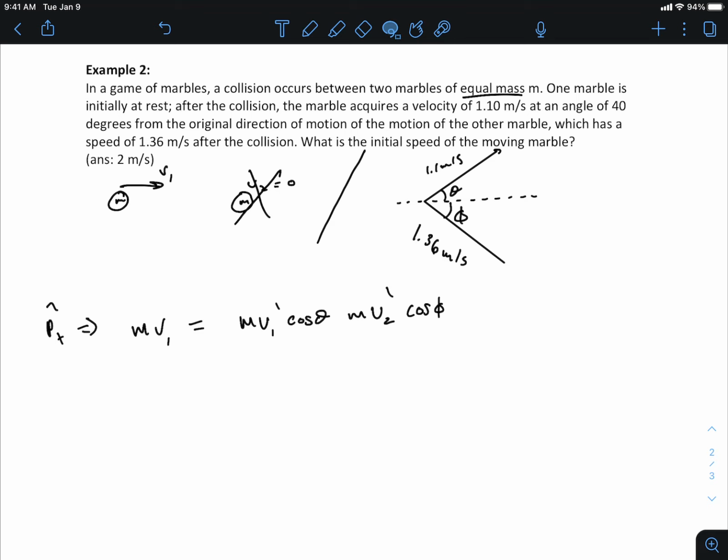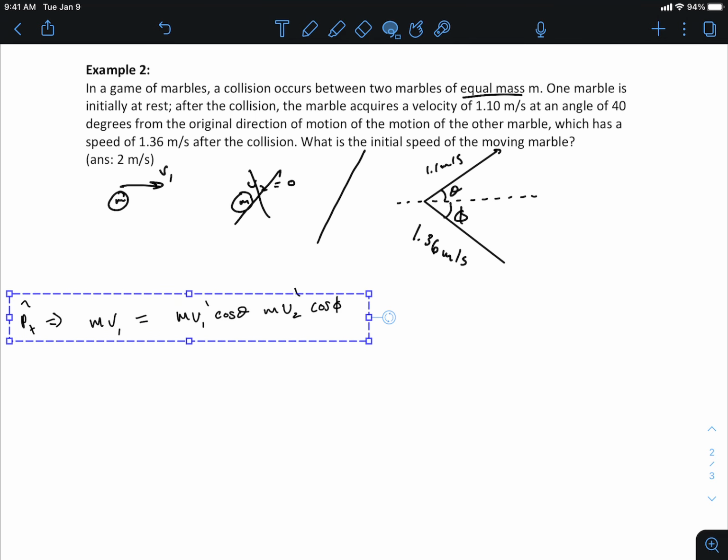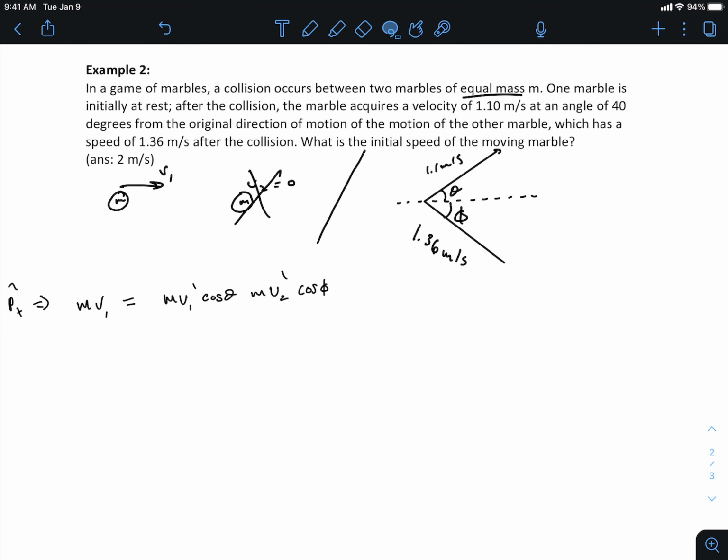And then, just let me move this over, we'll shrink it down, give ourselves some room. So there's all this information in the x. And I want to find, well, let's write a statement for the y as well. Right, so initially, nothing going on initially in the y direction.